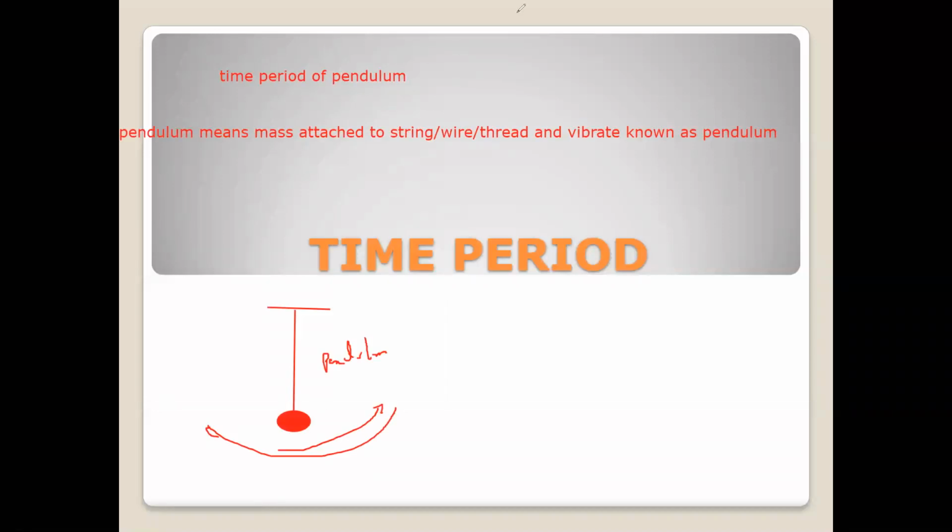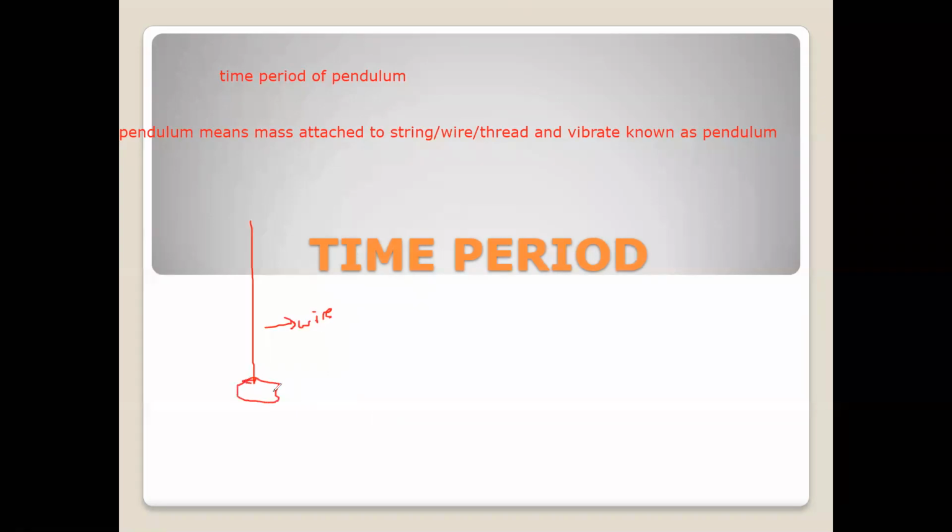If you have a string or a wire, and with this wire you attach any object, and you make it vibrate, like you move it to and fro. So any mass which is attached to a string or a wire and is vibrating, we call this system a pendulum.